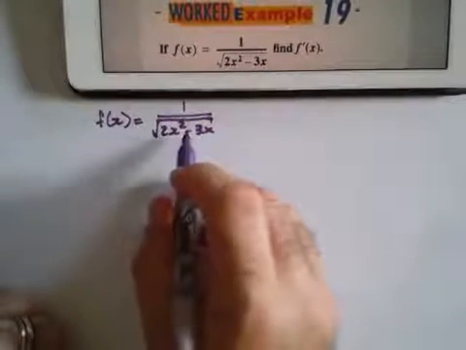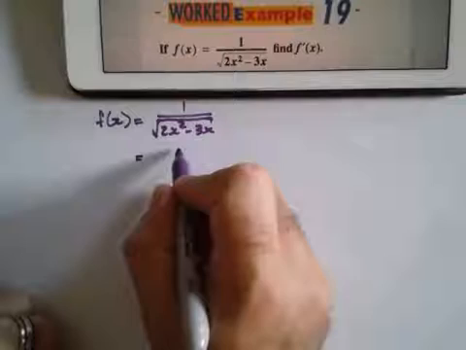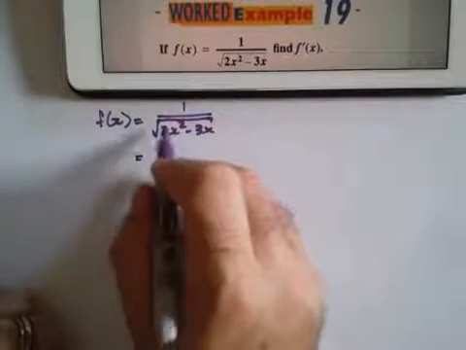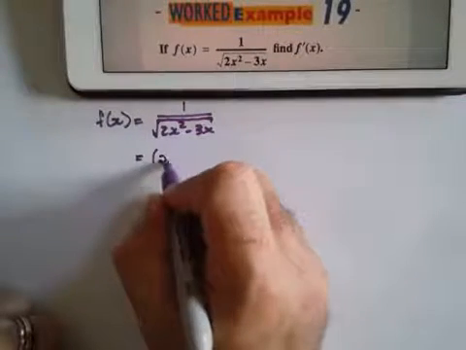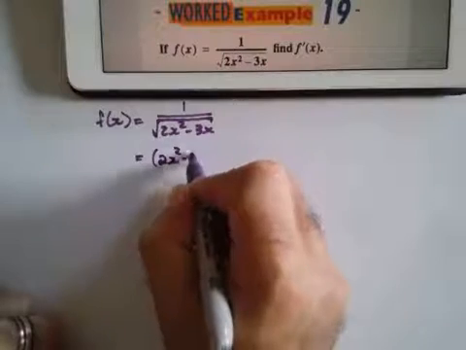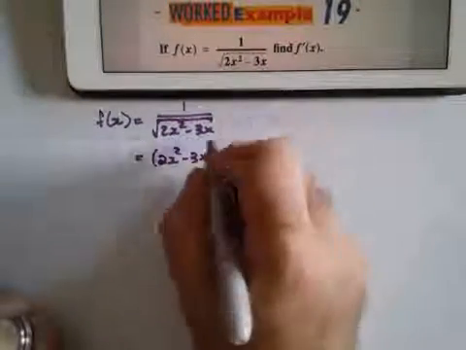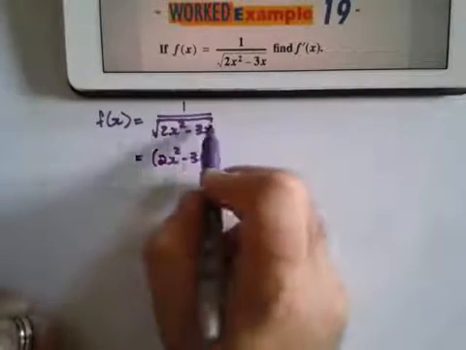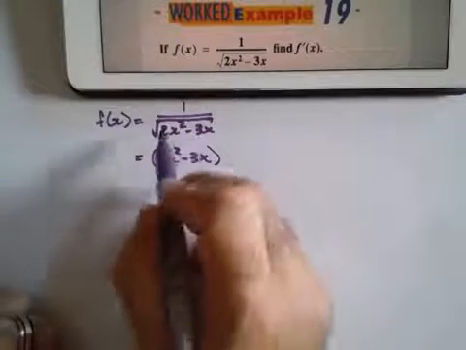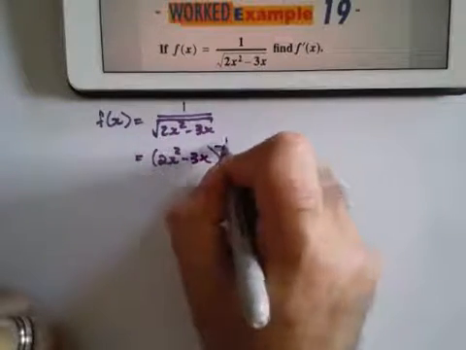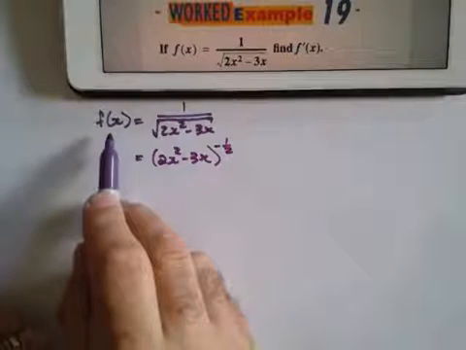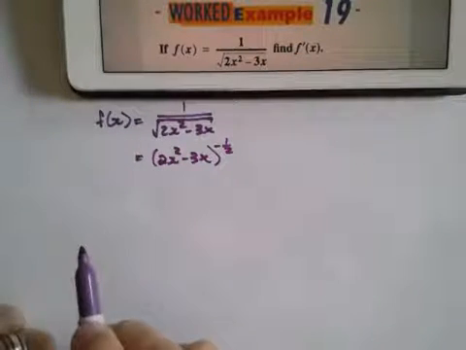I'm going to simplify this and say this is the same as 1 over, and I'm going to rewrite this as 2x squared minus 3x to the power... square root is a half, but it's underneath the line, so that is minus a half. Take note, this is still f(x).